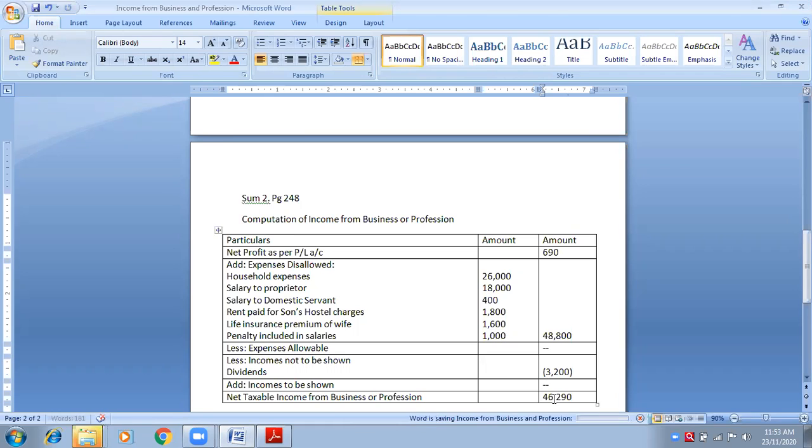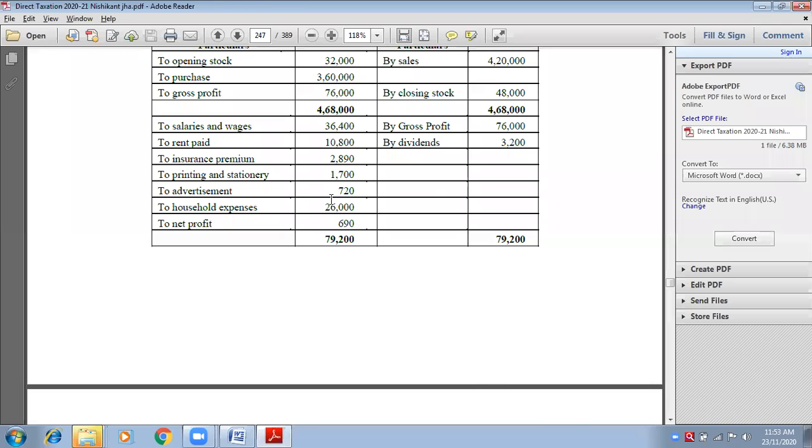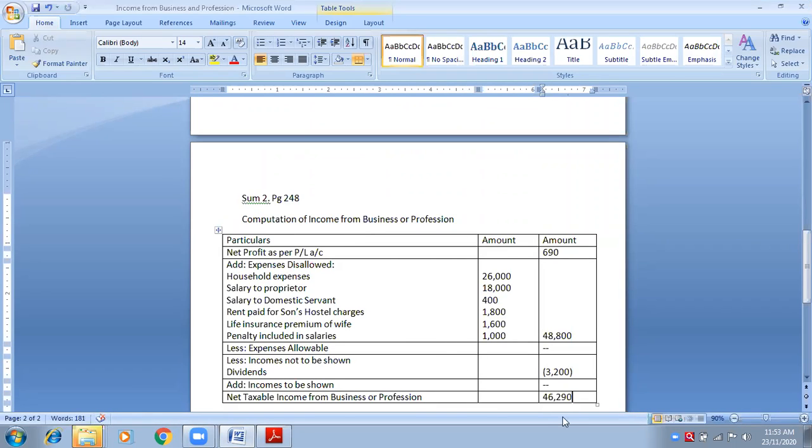They showed 690 as our net profit, but we calculated 46,290 as the real profit. So many expenses were there which they should not have disclosed, but they disclosed them, and therefore the profit was reduced. Now the real profit is 46,290, which is taxable.